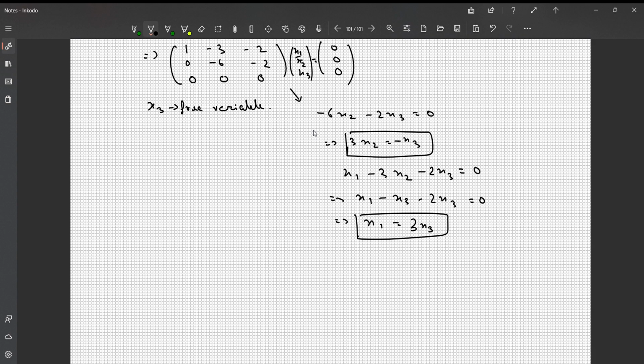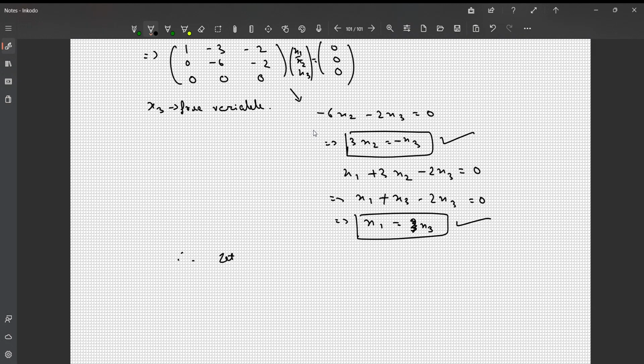Let me just check once more. Yes, this will become plus, right? So this becomes x1 equals x3. So these two things we get are correct.